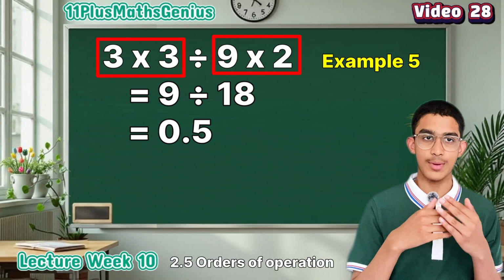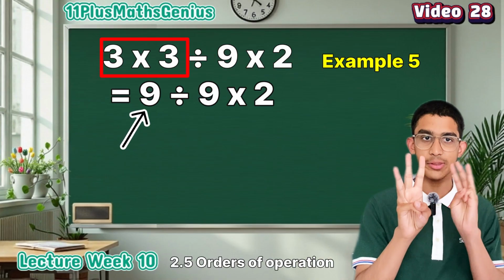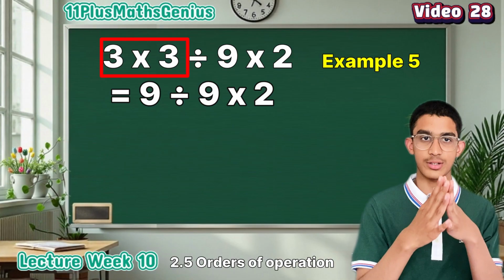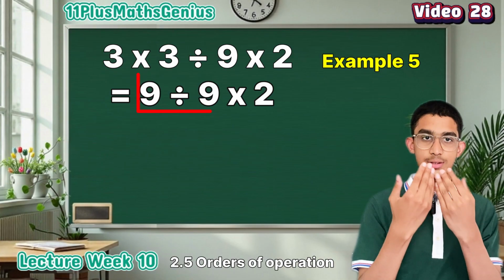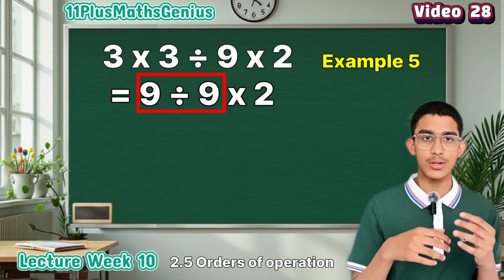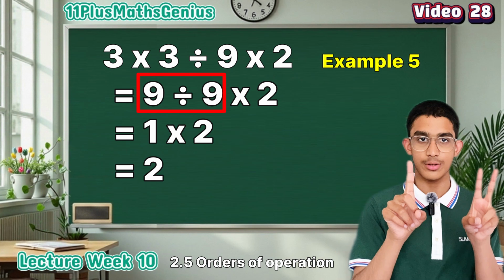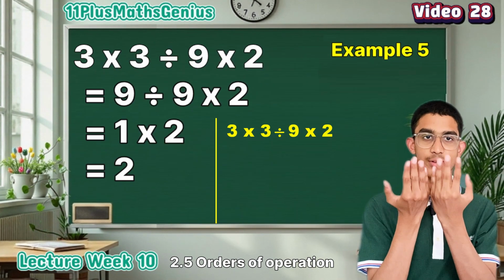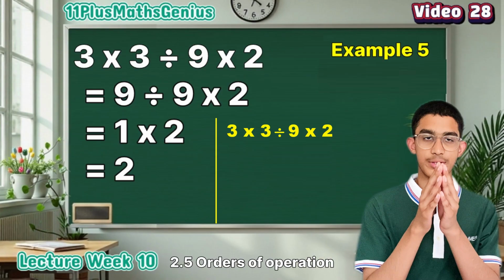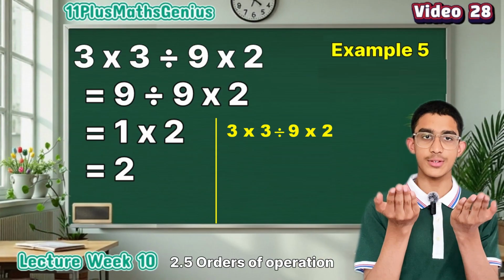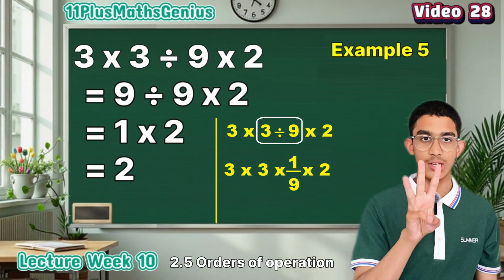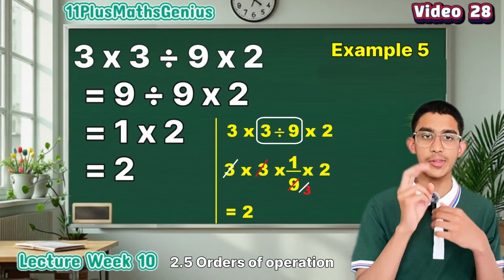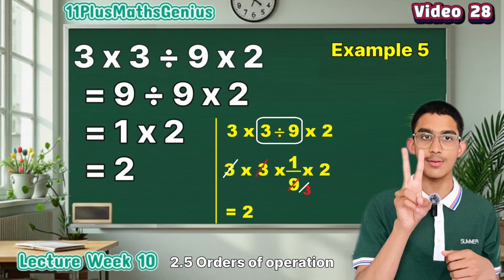The correct method is 3 times 3 divided by 9 times 2 equals 9 divided by 9 equals 1 times 2 equals 2. Or we can do division first. 3 times 3 divided by 9 times 2 equals 3 times 1/3 times 2 equals 2.